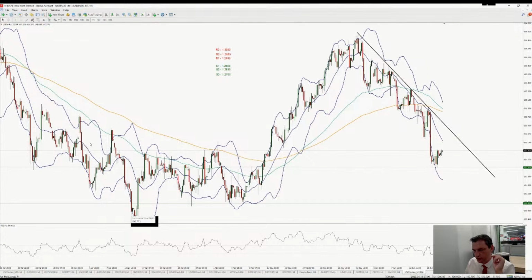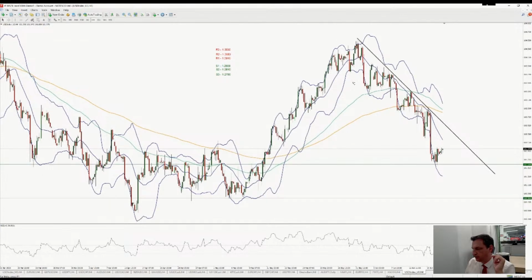And there is also this level here. However, because we had continuous tests on this one, I would prefer it.